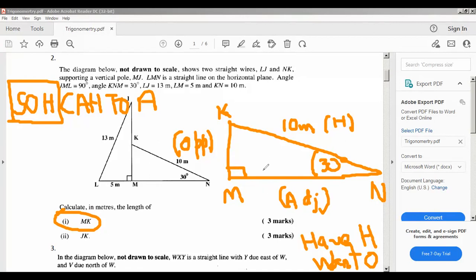So anything with adjacent we're not going to use. We notice cos and tan involve the adjacent, so we're not going to use them. So it must be sine. Look for what you don't have and what you don't want.